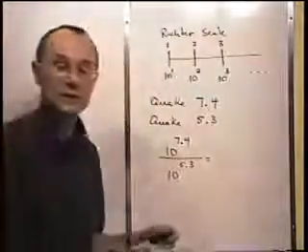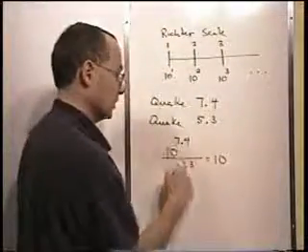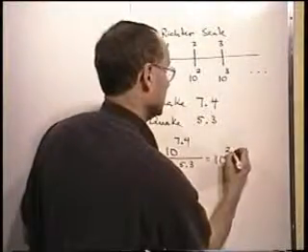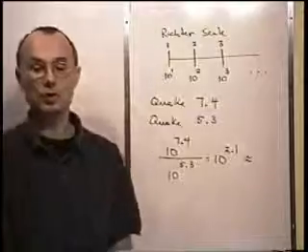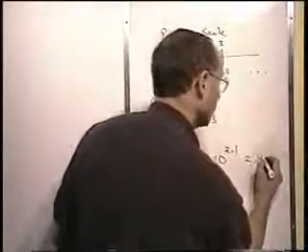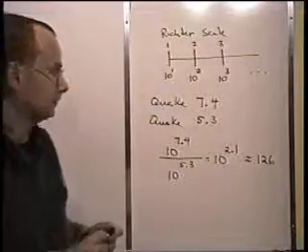Well, this would be pretty easy to do on your calculator. If you want to, you can subtract the exponents and get 10 to the 2.1, and that rounds to approximately 126 times as powerful. So it's very impressive.